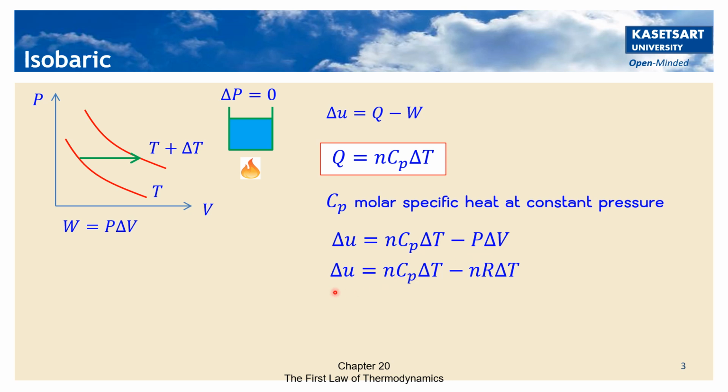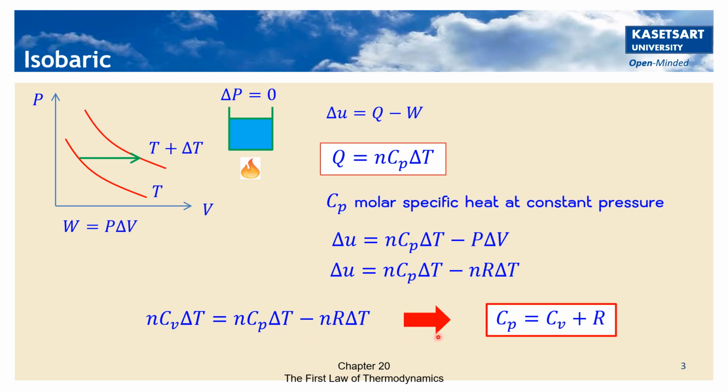Then we have delta U equals n Cp delta T minus nR delta T. And delta U from the isovolumetric process is n Cv delta T. From this, you can define the relation between Cp and Cv as Cp equals Cv plus R.